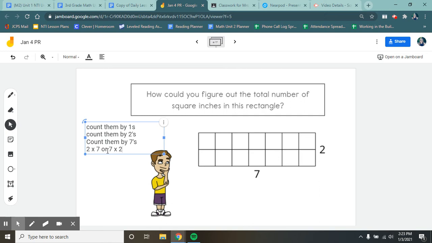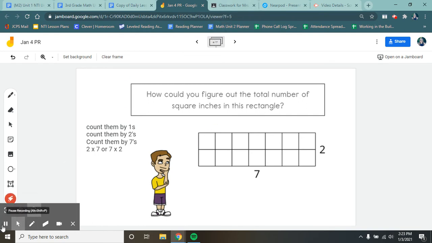So we could multiply that. We also could add these. We could add 7 because there's 7 going across plus 7 more. So there's many right ways to find the total number of square inches or the area.